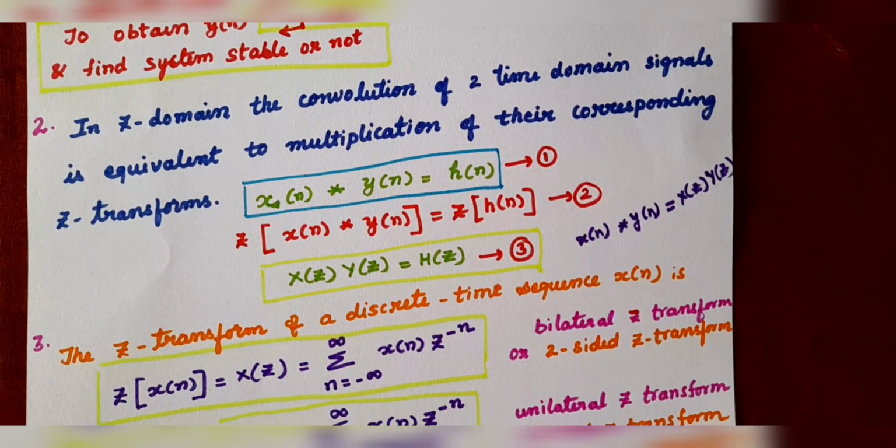And the Z transform equation is given by X of z equal to summation n equal to minus infinity to infinity x of n z to the power minus n. The values of z for which X of z converges is known as the region of convergence.